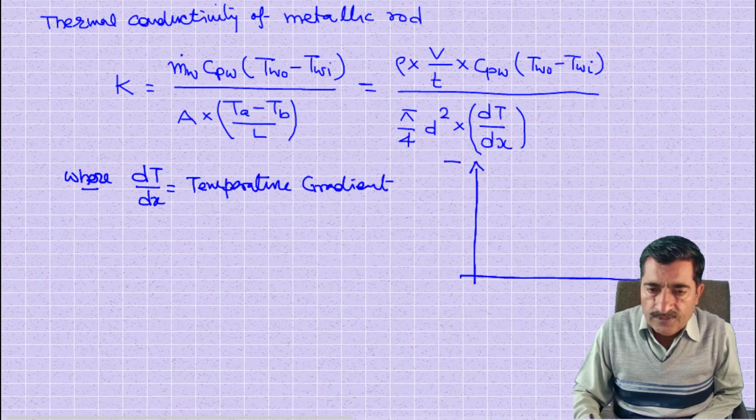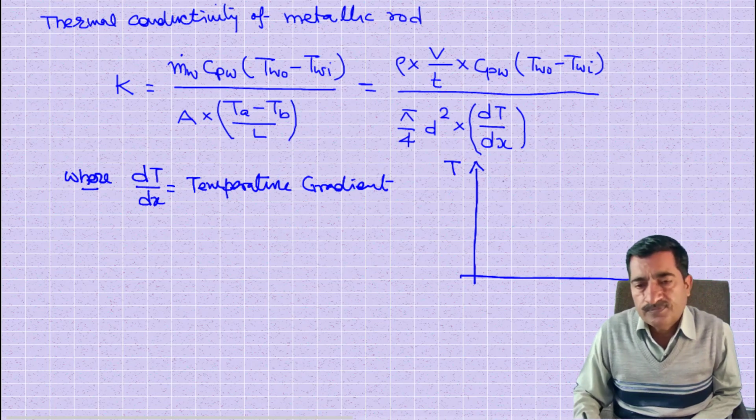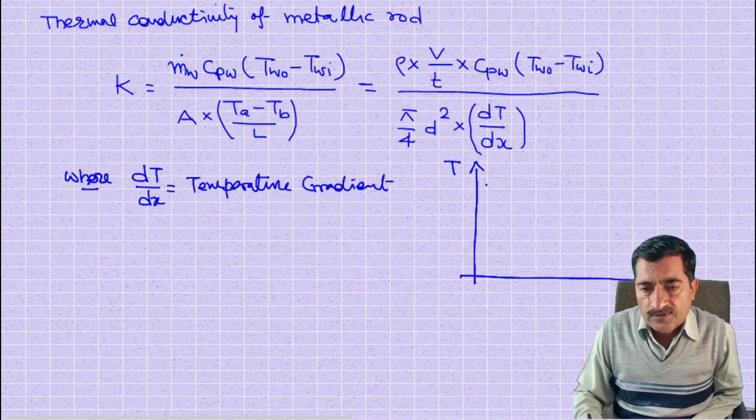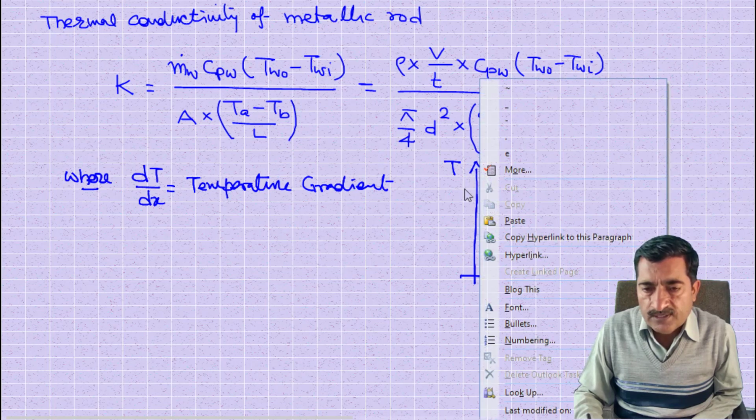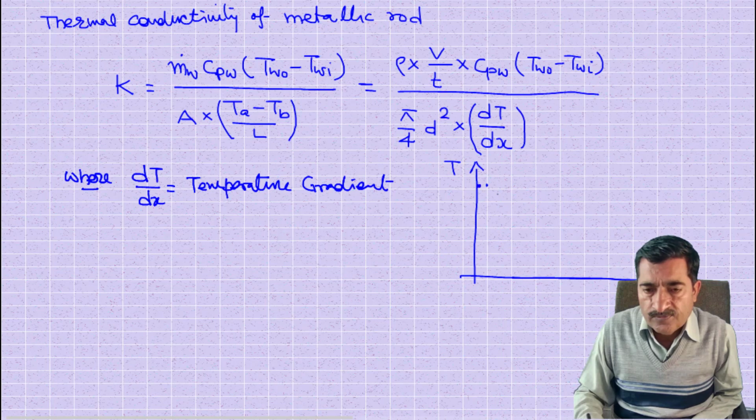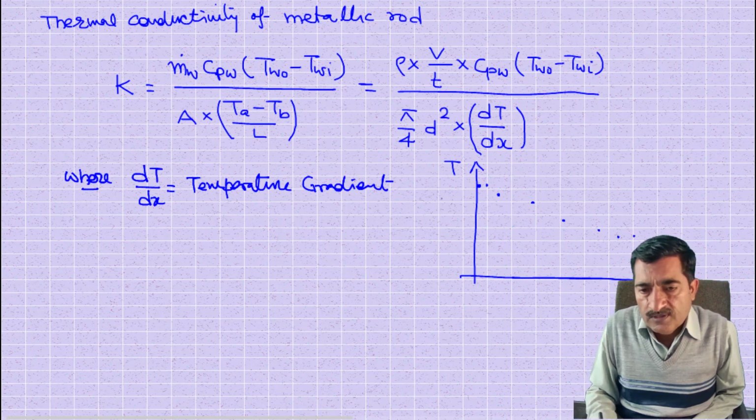This is the graph of temperature T versus X. This is X equal to 0, the temperature here, T2, T3, T4, T5, T6, T7, join this line.